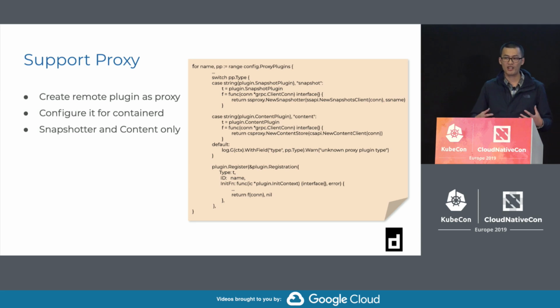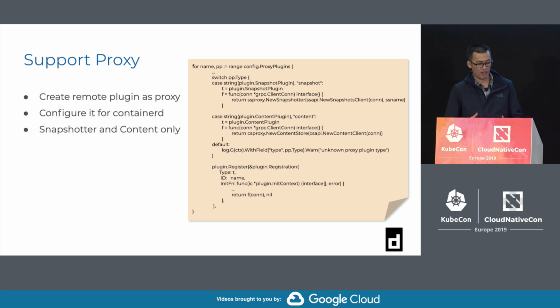When the Kubernetes sets up, it will create a remote proxy plugin if the user tries to configure it in the configuration. So for now, Kubernetes only supports snapshot and content proxy plugins.